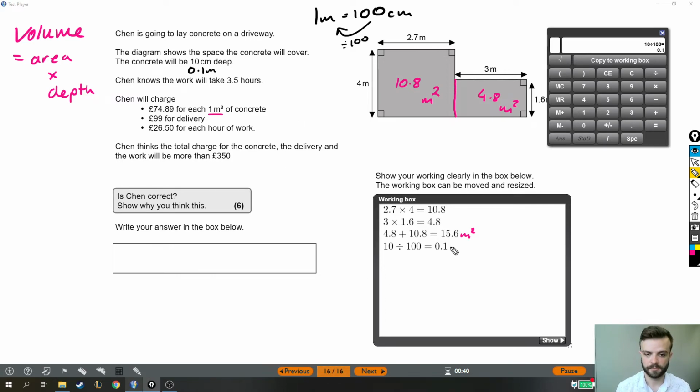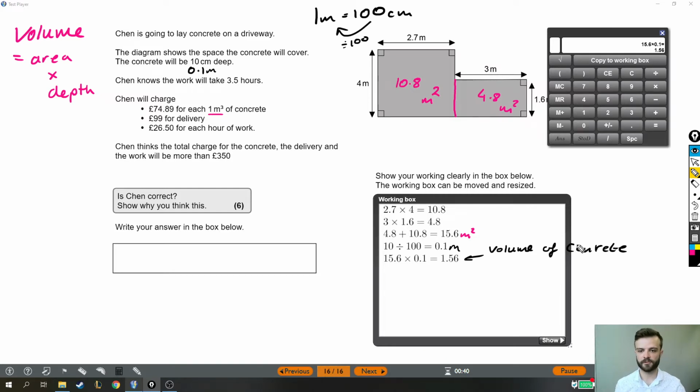And the point of doing that was so that we could now times our area by the depth, which is 0.1 meters, and that will be the volume of concrete that is required to fill that space. So the total area was 15.6, the depth was 0.1, so this is the volume of concrete. Just for us, a little note: volume of concrete that he needs.